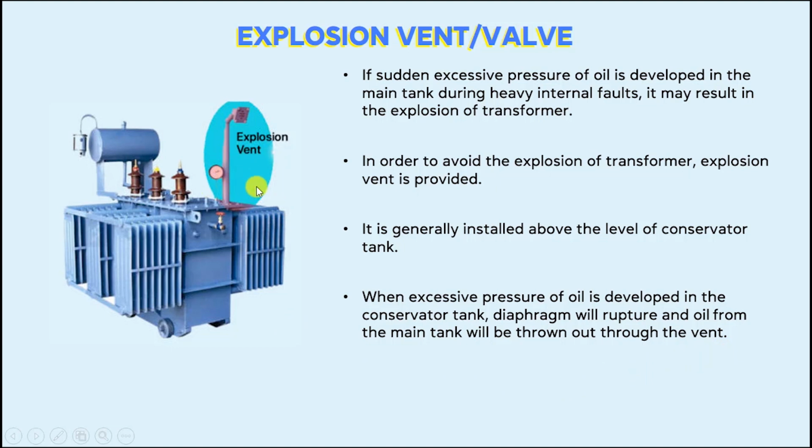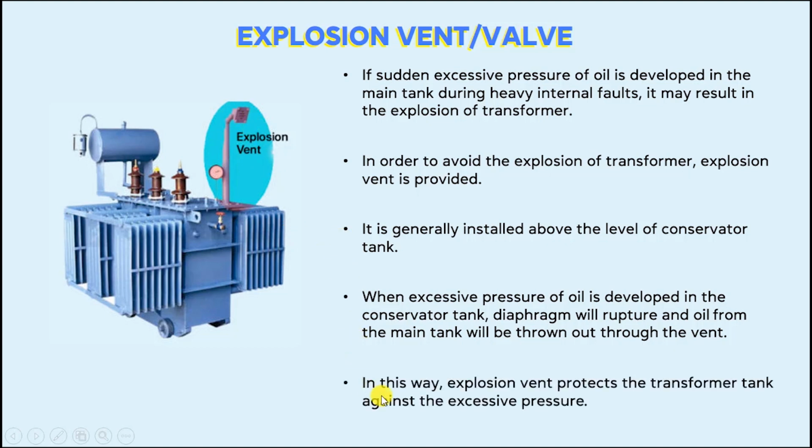So this is the function of the explosion vent, that whenever excessive pressure is developed, it immediately throws the transformer oil through the vent. In this way, the explosion vent protects the transformer tank against excessive pressure.